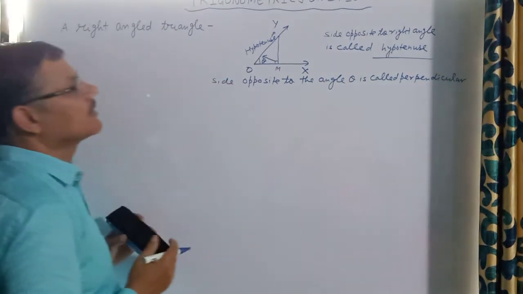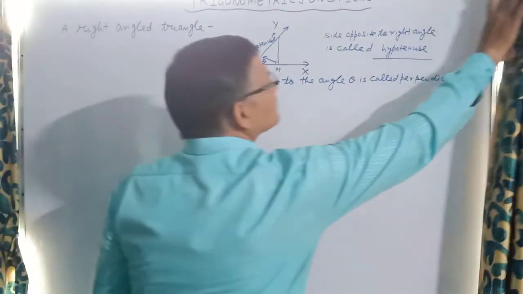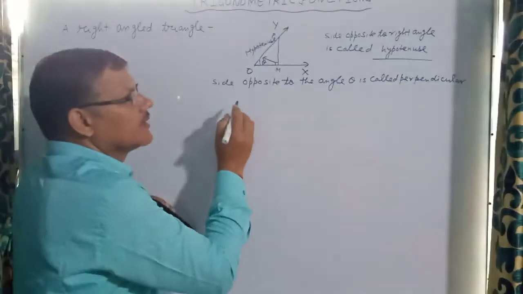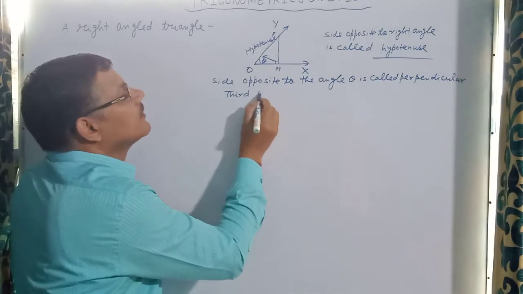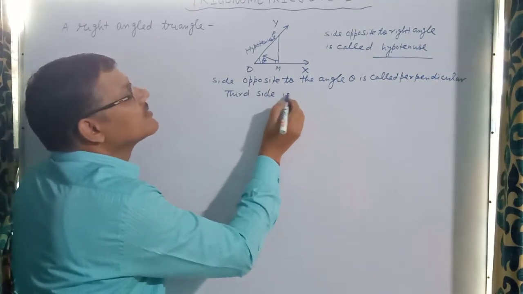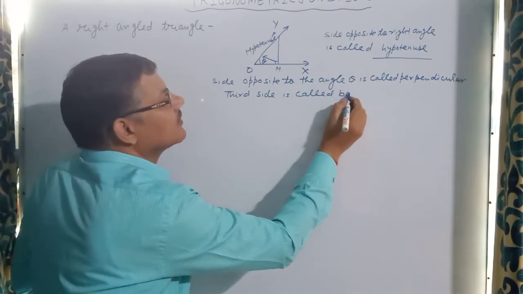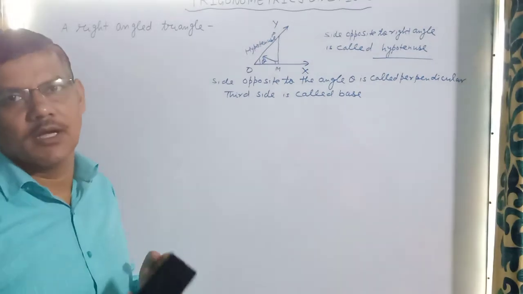So from the three sides of the triangle we get two sides. One is the hypotenuse, another is the perpendicular. So what about the third side? Here the third side is called base.